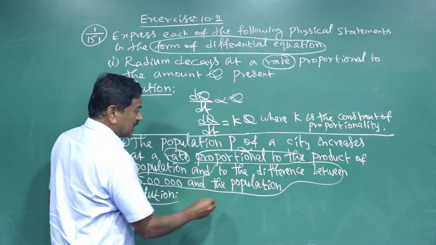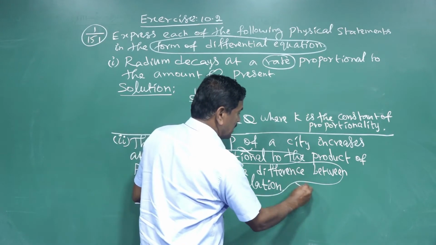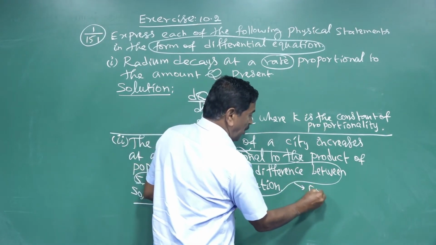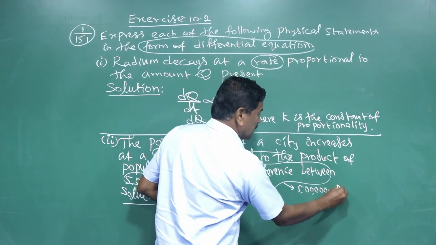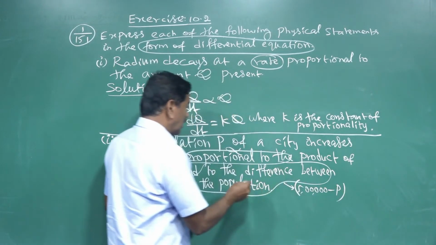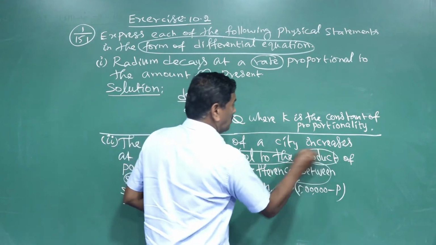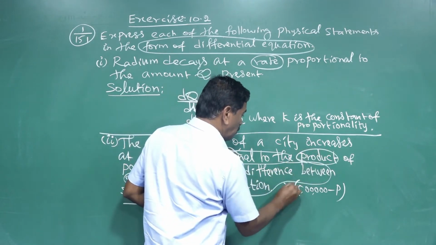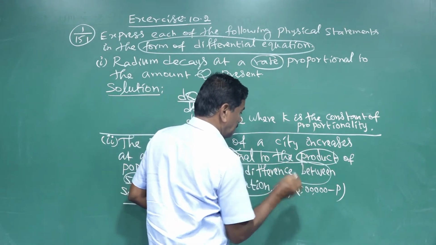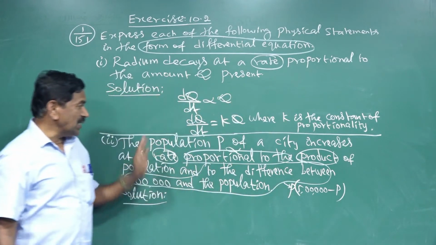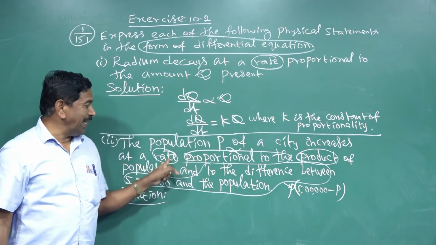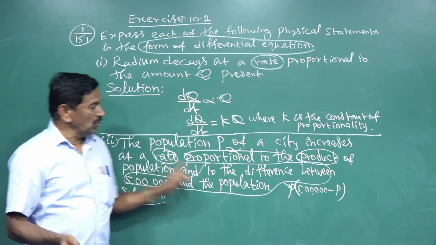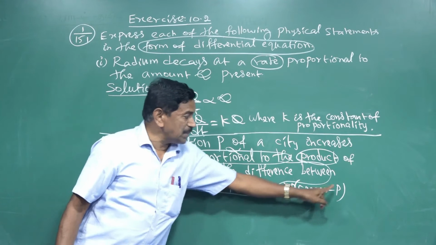So it means 5 lakhs minus P, and they said product of the population, so into P. So the answer is given by dP by dt is proportional to P into 5 lakhs minus P.